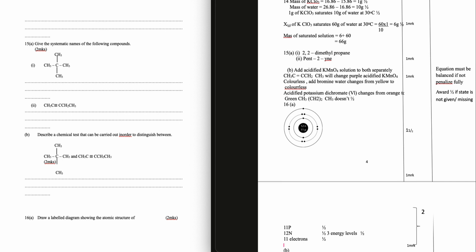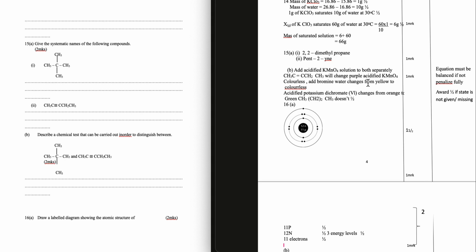Describe a chemical test that can be carried out in order to distinguish between them. So you add acidified potassium permanganate solution to both separately.